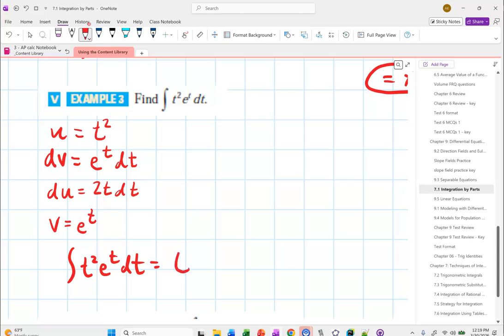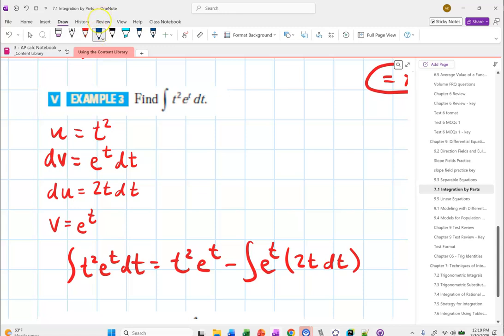So I'm going to have u times v minus the integral of v du. Rats.